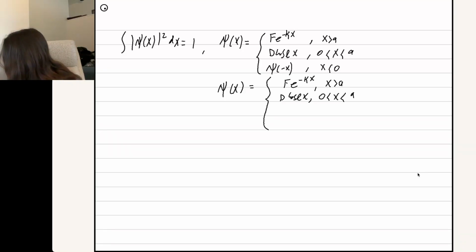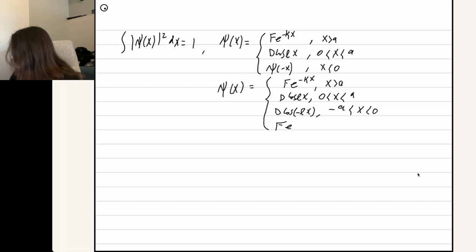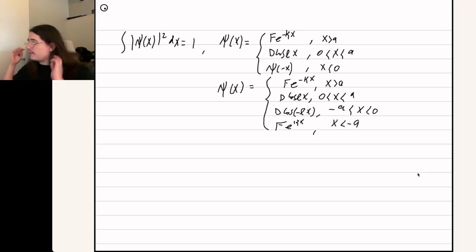And then this is going to be d cosine of minus Lx for minus a less than x less than 0. And then this is going to be f e to the kappa x, positive kappa x, for x less than minus a.